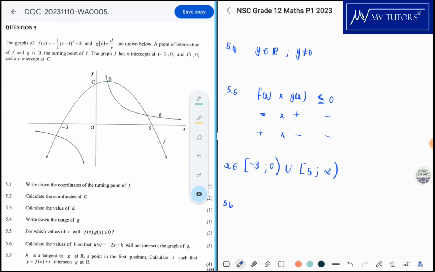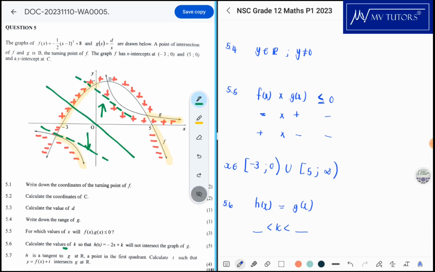What I'm going to do is see what if we took h of x and made it equal to g of x? And why am I doing that? I'm doing that so that I can see what k values I'm dealing with here. But I know that ultimately the k values will have to be in between a certain value and a certain value. Okay, remember, it will be in between some value here and a value here.